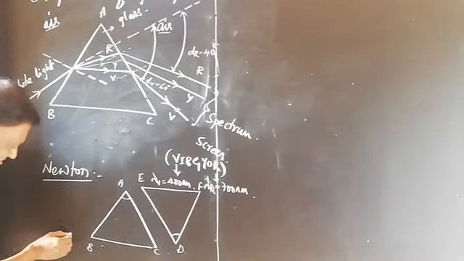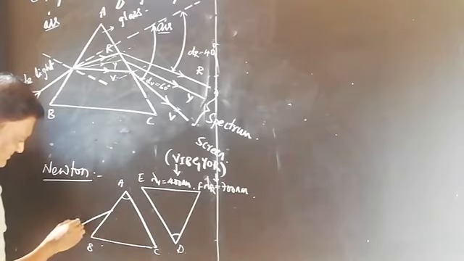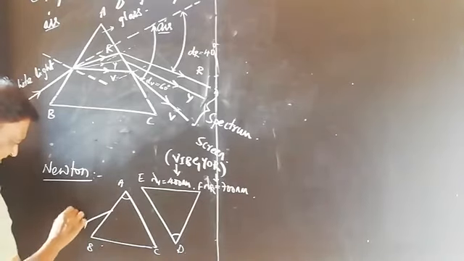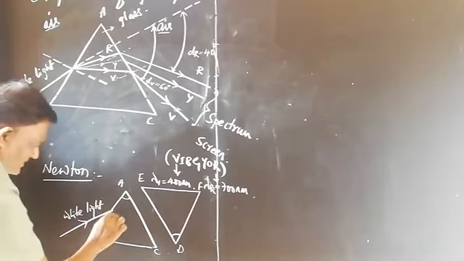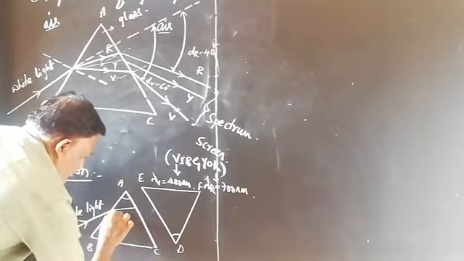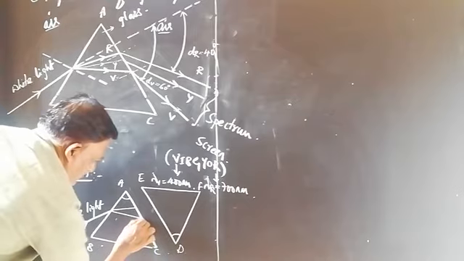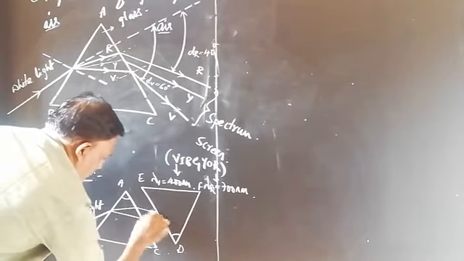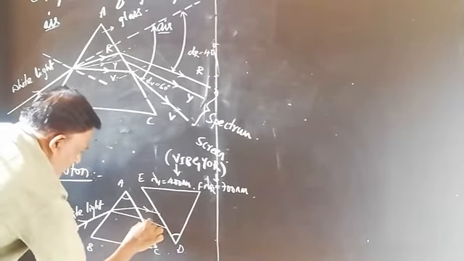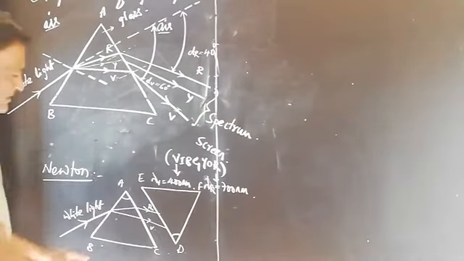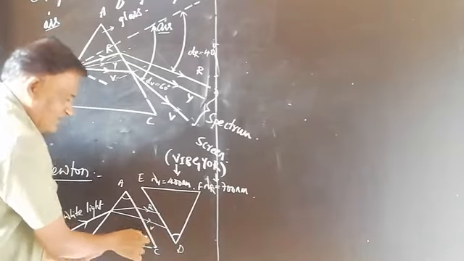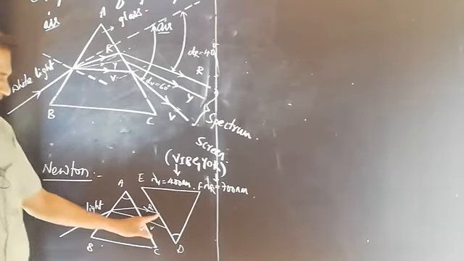When a white light is made to be incident on the prism, this white light breaks up into 7 constituent colors. Violet bends most, whereas red bends least, and these colors are made to be incident on the other prism.